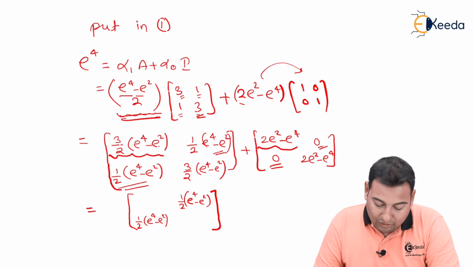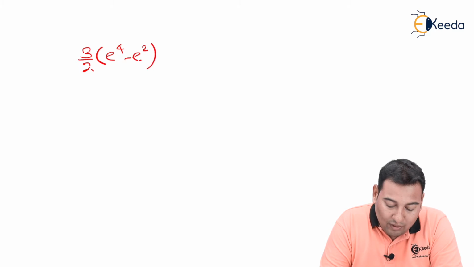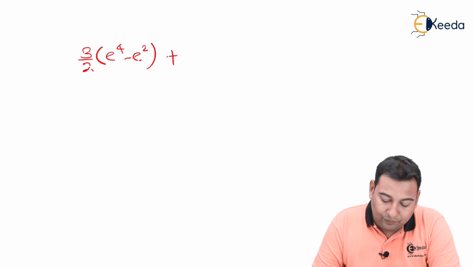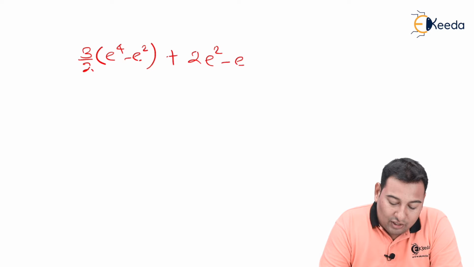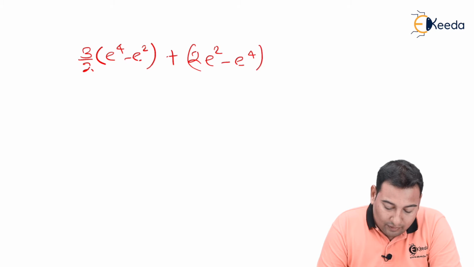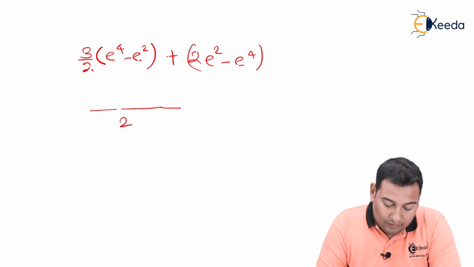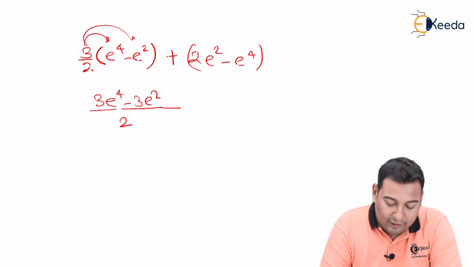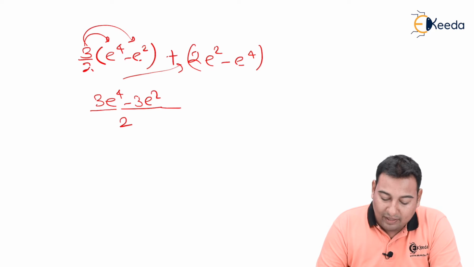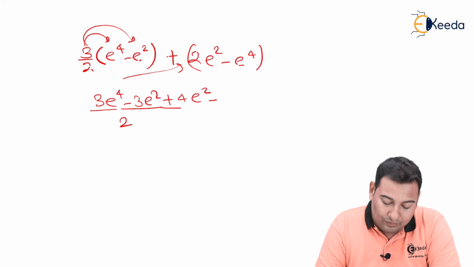So let's do that first of all. We do have 3 by 2 (e raised to 4 minus e square), getting addition with 2 e square minus e raised to 4. Basically, if you take 2 as LCM, 2 will come down here. This will be 3 e raised to 4 minus 3 e square, this multiplying inside, and 2 will be cross multiplied, so that will be 4 e square minus 2 e raised to 4.